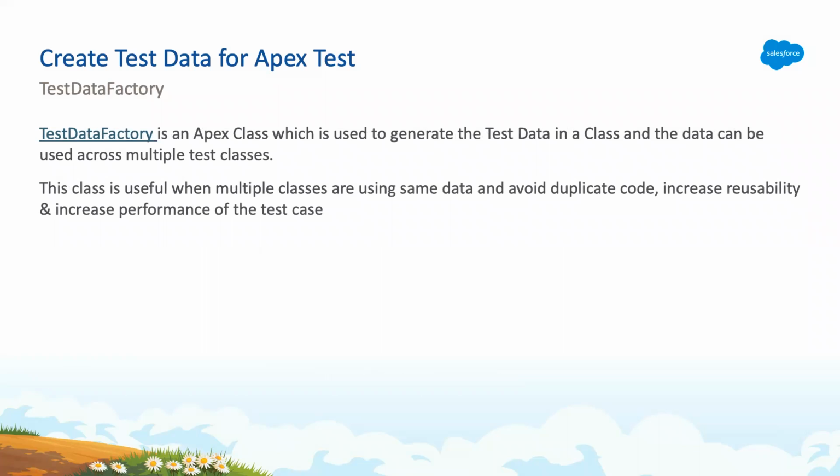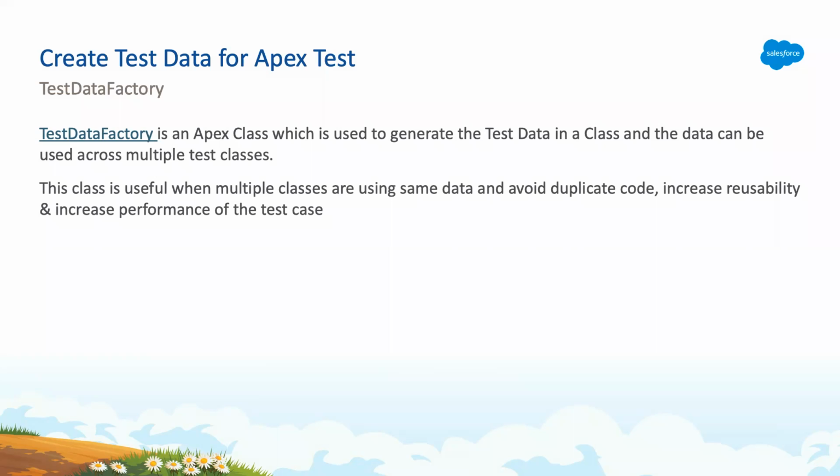Next, the second method is we can use a test data factory class. Actually, we can create any util class with the IsTest annotation, and we can use it across multiple classes.